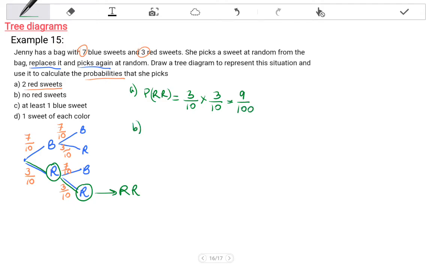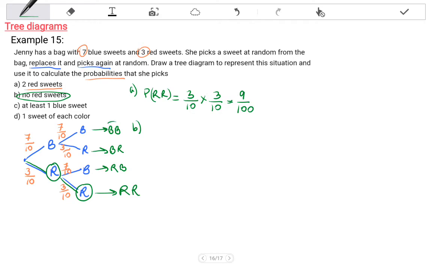In part B it says no red sweets. So when I follow the branches I see the outcomes. From this one I have blue and blue. From this way I have blue and red. From this way I have red and blue, and this way it is red and red. I'm looking for the choices where we don't have any red.